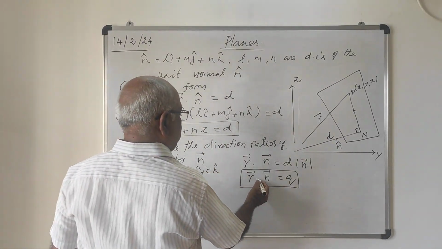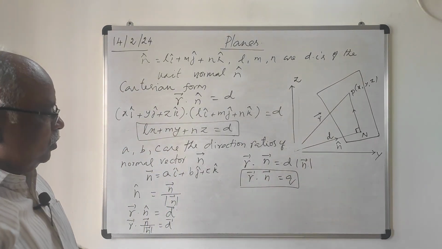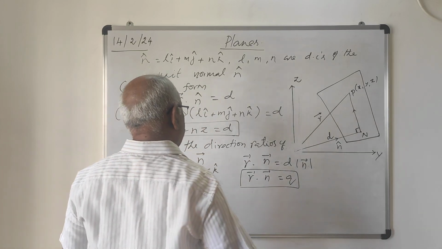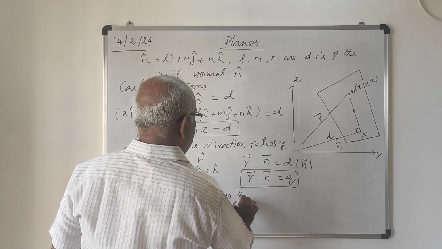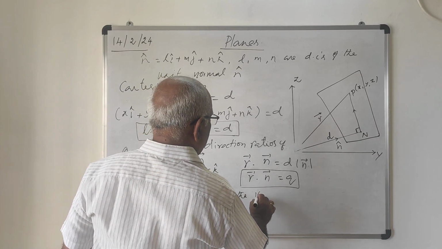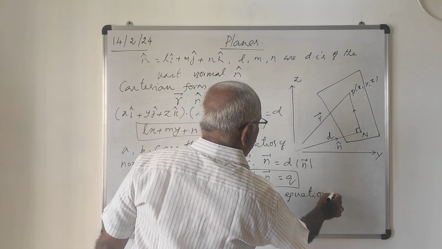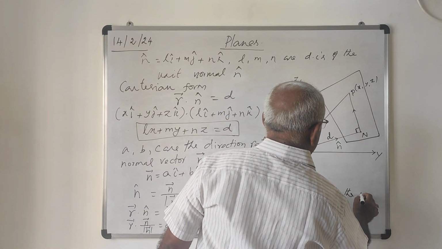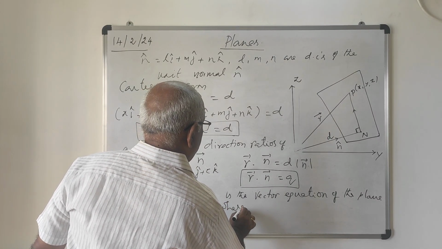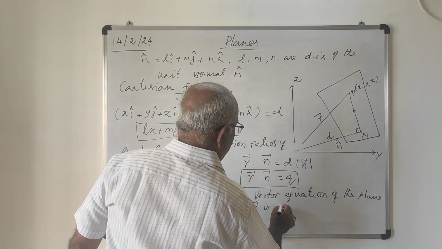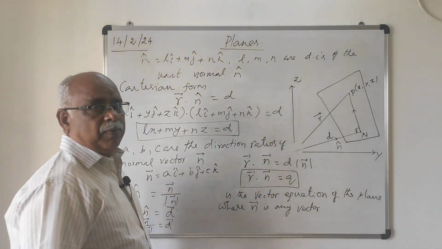This is also the equation of the plane, where n is any vector and q is not the perpendicular distance from the origin. Q is any distance. So r dot n equal to q is the vector equation of the plane, where n is any vector.